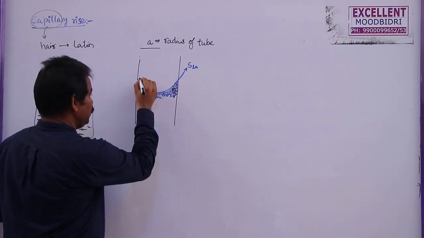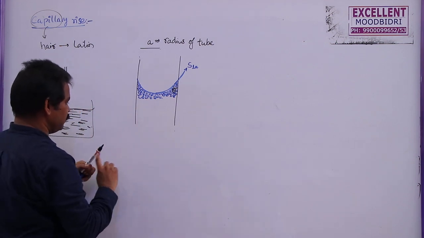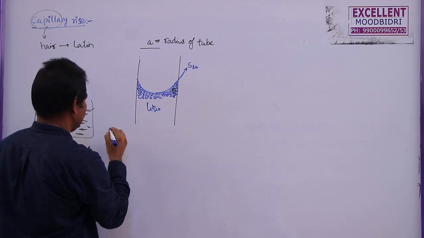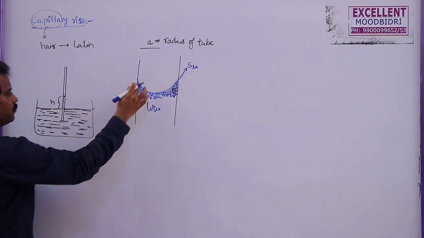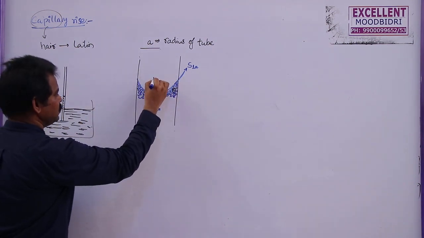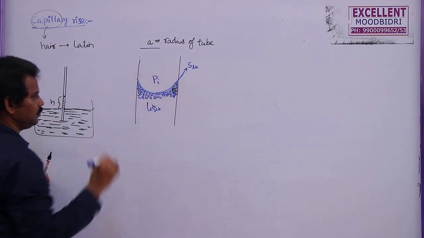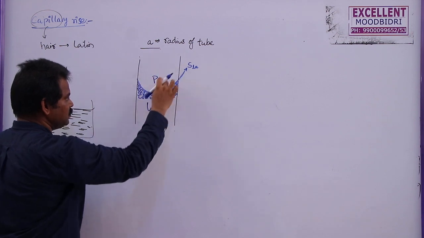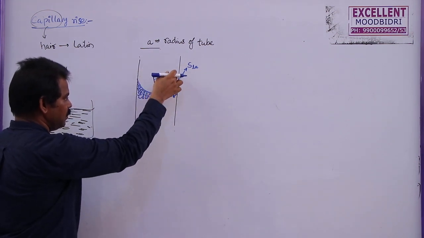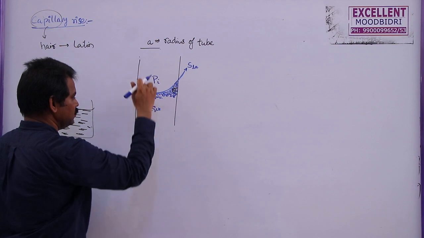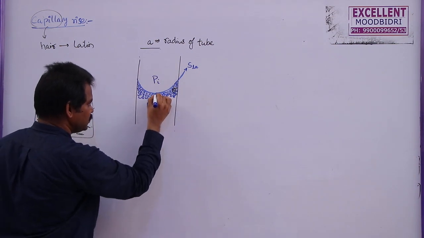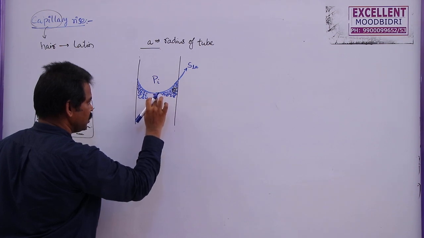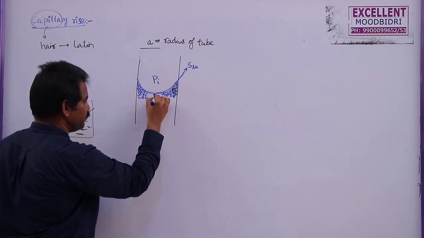Now here if you observe this diagram, this is the liquid, this surface is drawn here, and this is the pressure inside this air bubble, because this is air here. Just nearer to this surface I am taking the pressure due to the liquid, so I will take this as P naught.